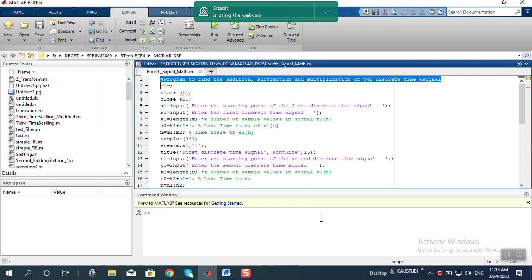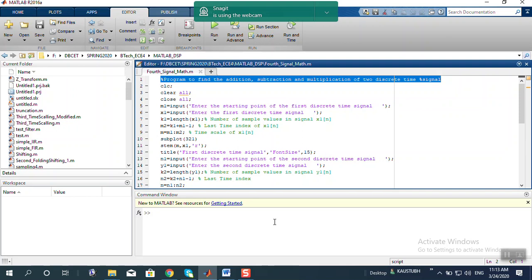While adding or subtracting one from another, and multiplying any two discrete time signals, there are a few things to be considered. The first thing: whether it is addition, subtraction or multiplication, it is always sample by sample, in its corresponding position only.